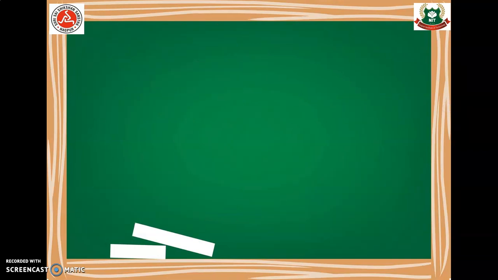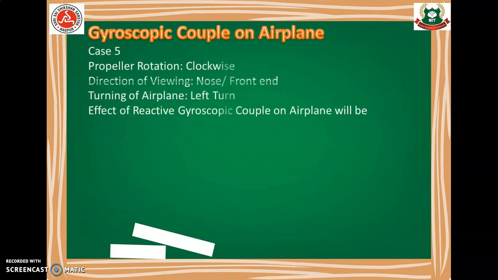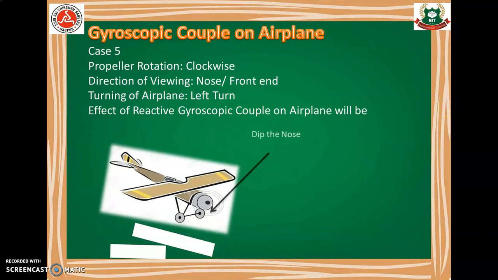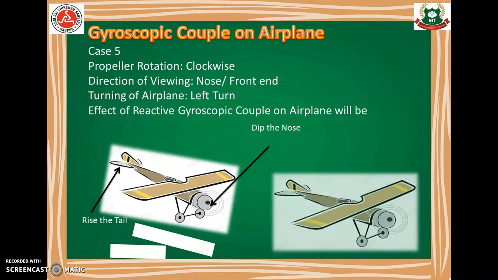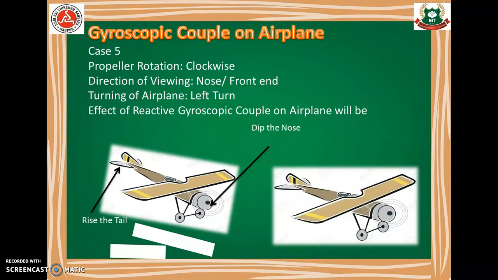Now let us see the case number 5. In case number 5, the propeller is rotating in clockwise direction and we are observing the plane from the front end. Means we are looking at the plane from the front side and plane is going to take a left turn. So the effect of reactive gyroscopic couple on airplane will be, it will dip the nose and it will rise the tail as compared to the normal condition of plane.